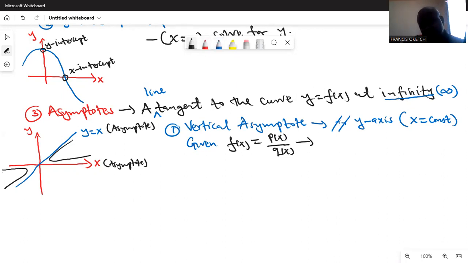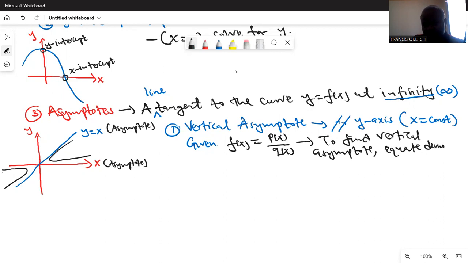So to find vertical asymptote, equate denominator to 0 and solve for x.